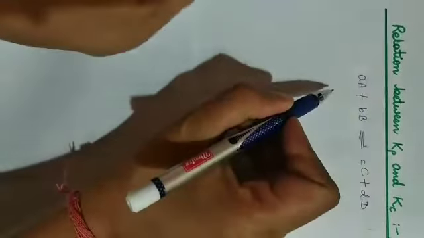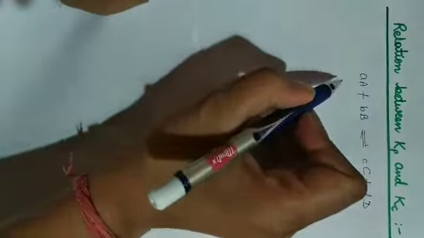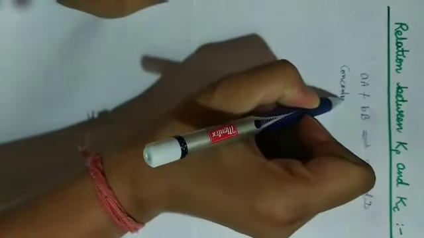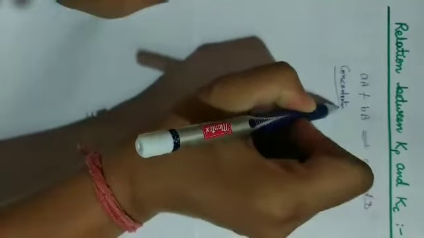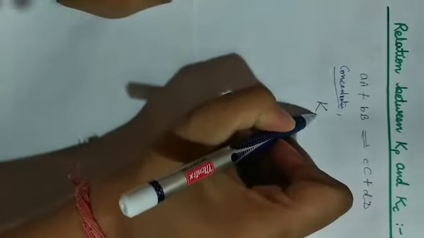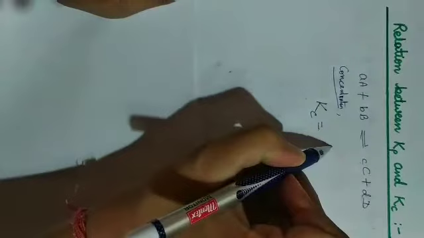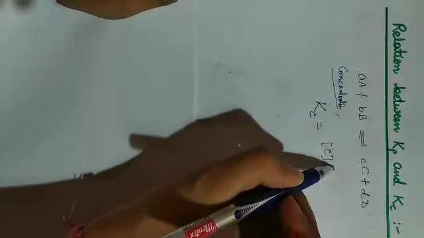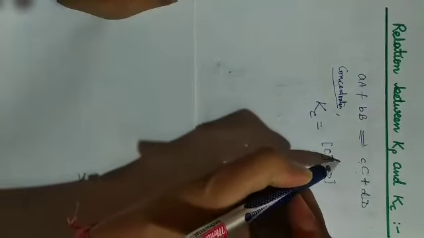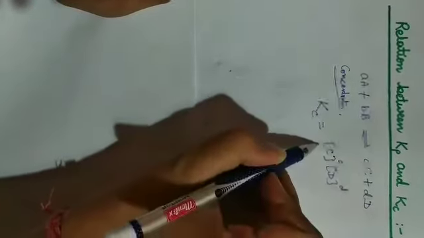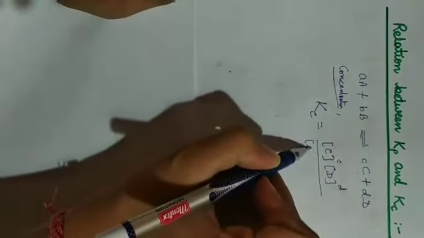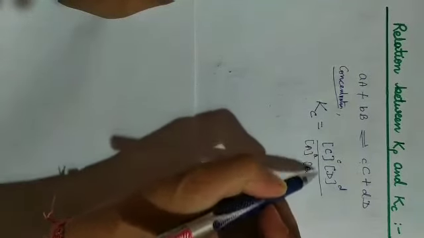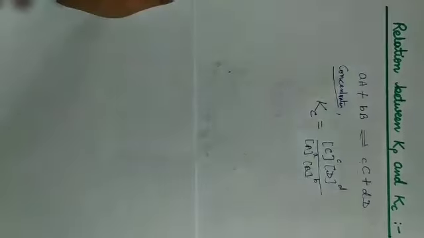Whenever we are talking about the concentration term, the equilibrium constant will be Kc, and according to the law of mass action, Kc is equal to the concentration of the products with their stoichiometric terms raised in power, divided by the concentration of the reactants multiplied, with their stoichiometric terms raised in power, like this.